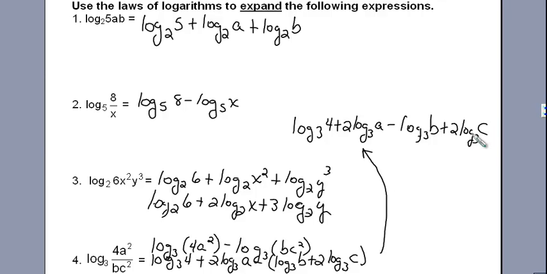That plus was wrong because I needed to distribute the minus sign, so I need to erase that plus, and it is a minus 2 log base 3 of c. Okay.